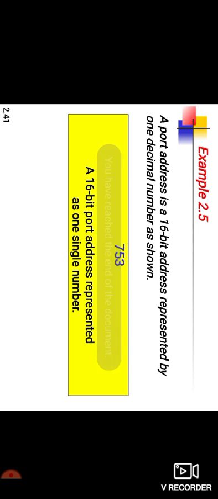Then next we have one more address, that is the specific address. Specific addresses are user-friendly addresses designed for a specific purpose, for example the email address and the URL, uniform resource locator. For example, email addresses like ccsid@uoc.ac.in or jmctsr@gmail.com.